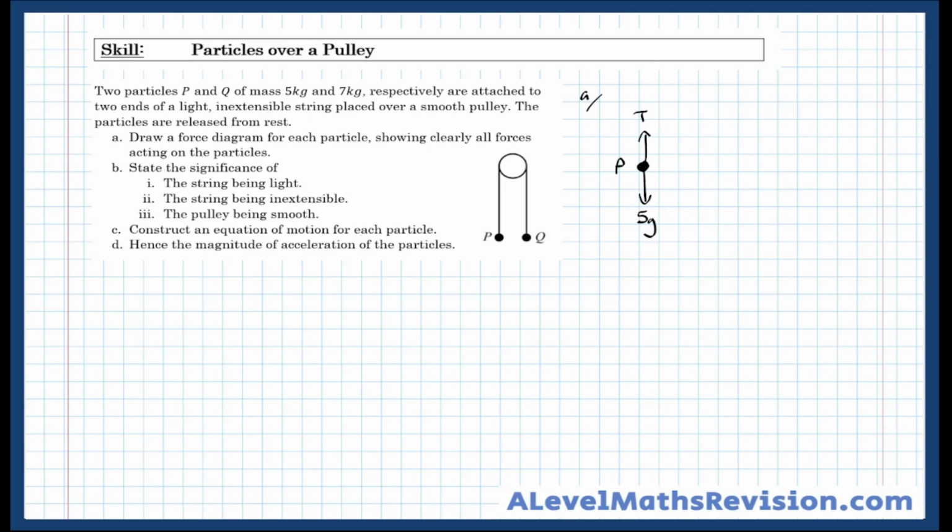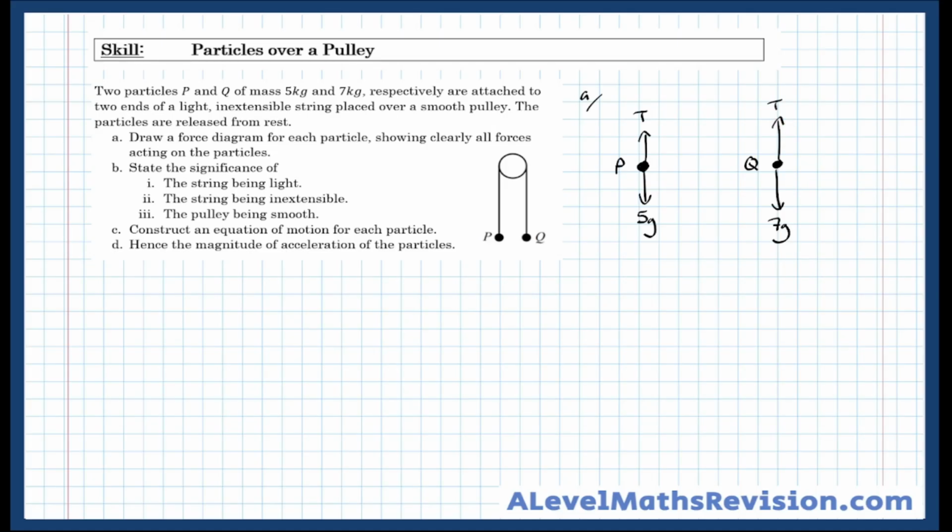So that's particle P. Now for particle Q, again, the tension's holding particle Q up, and pulling particle Q down is its weight, 7g. So there are the two force diagrams, remembering that the string is essentially holding up particle P, and at the same time the string is also holding up particle Q.